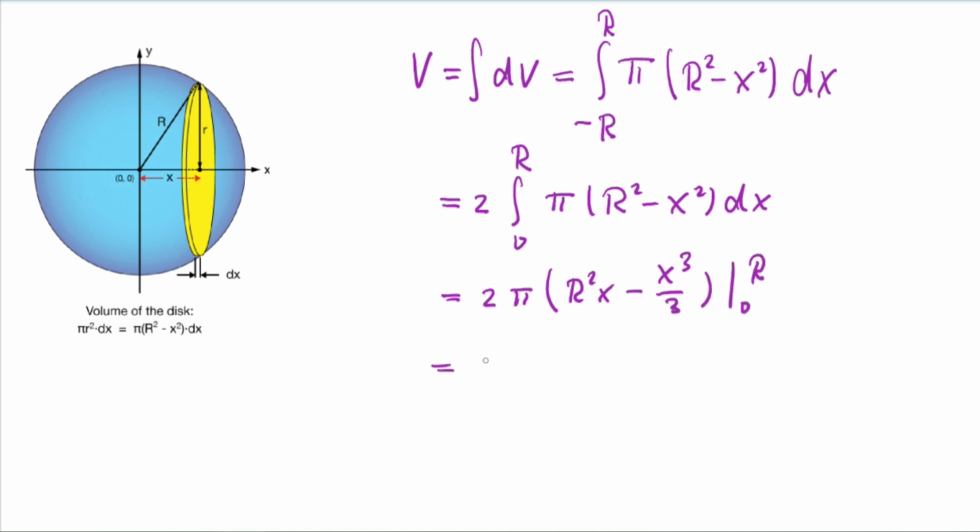Sub in the r, we get 2 pi, r squared times r is r cubed, minus r cubed over 3. And if we sub in 0, we get nothing. So then in the bracket we have 3/3 r cubed minus 1/3 r cubed, so we get 2/3 r cubed. With the 2 in front, we get 4/3 pi r cubed. And this is our formula as we wanted it. Yoo-hoo!